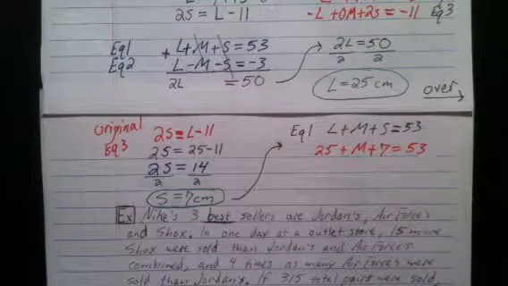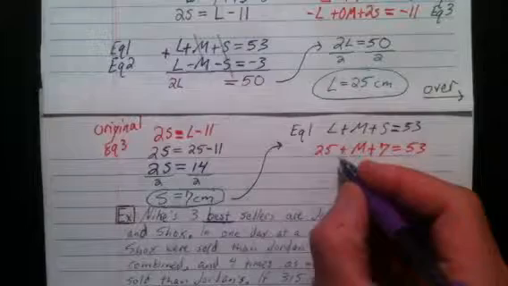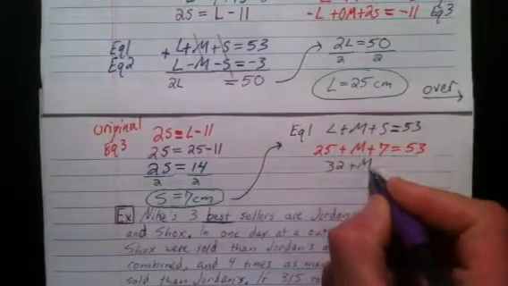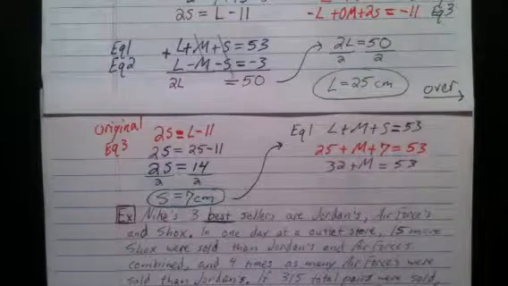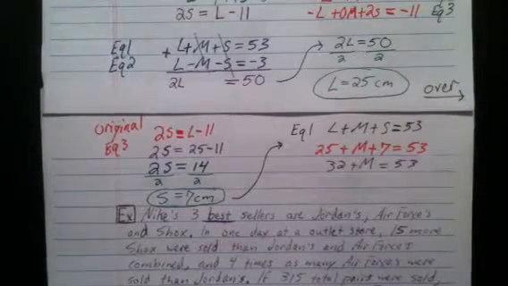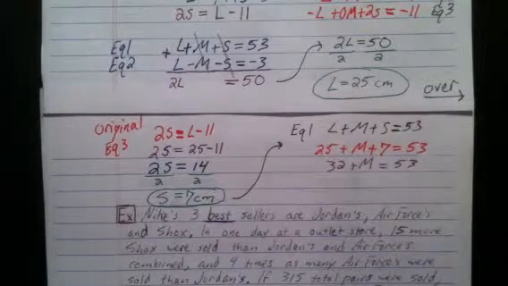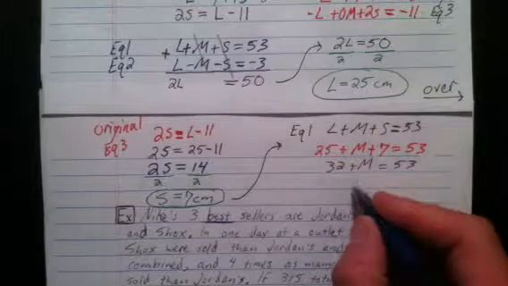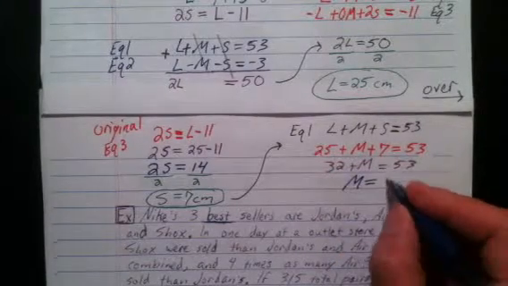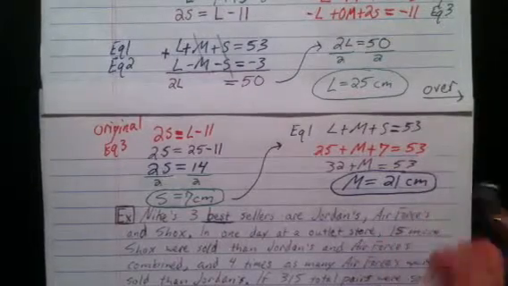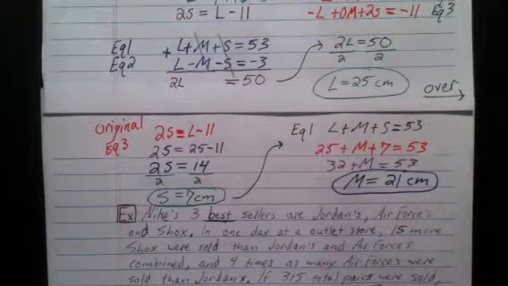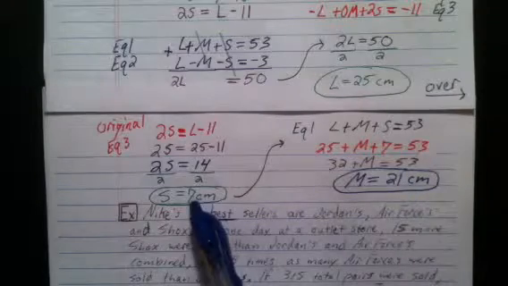25 and 7 gives us 32. So 32 plus m equals 53. That tells us the medium side, m, has to be 21 centimeters, subtracting 32 from both sides. So now we have our 3 side lengths, add them up, 21, 7, and 25.